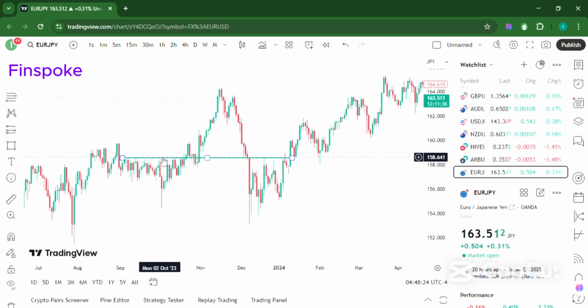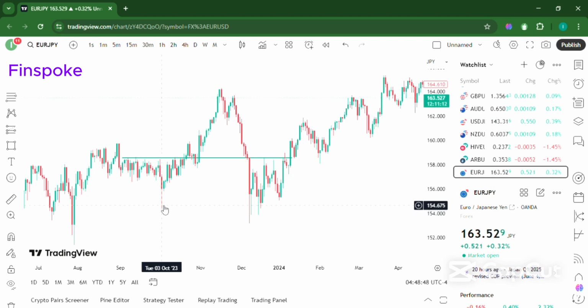The price was consolidating. Remember that this is a daily time frame. So the price consolidated here. Then there was a forceful push down of the price, which is the dive.